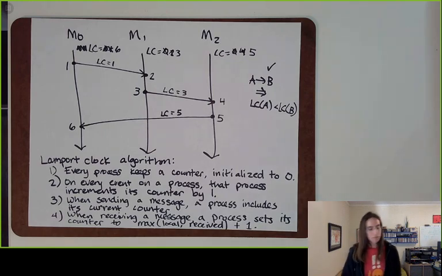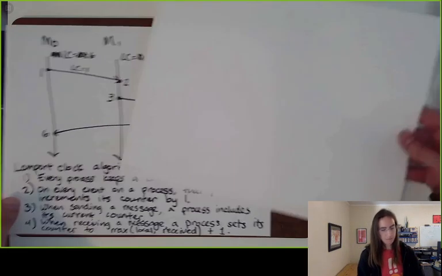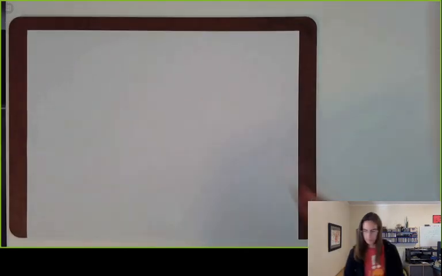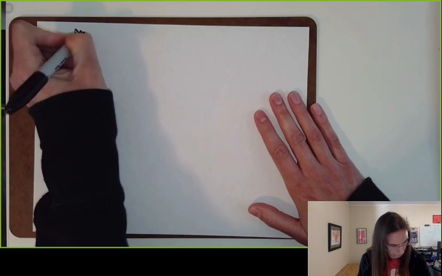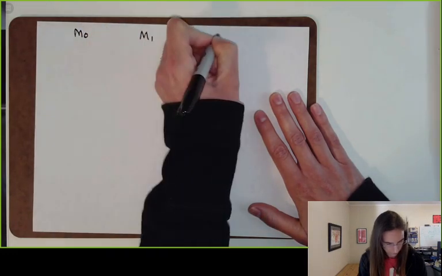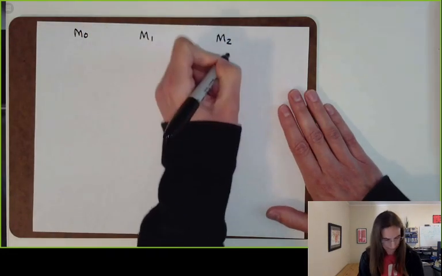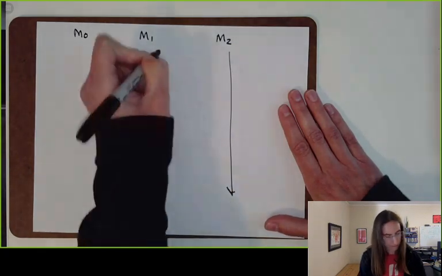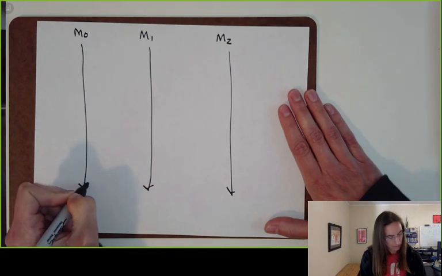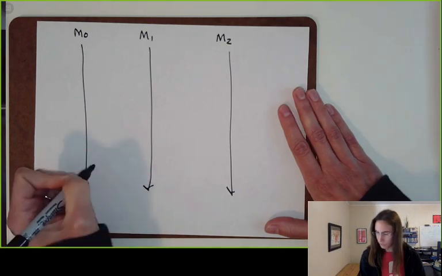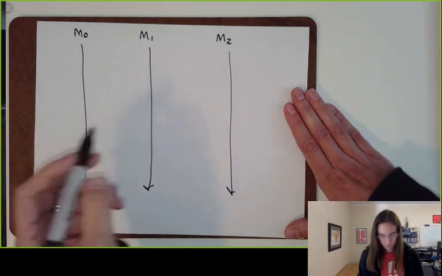So here's an example. Let's say again that we have 3 machines, and we'll do another Lamport diagram. Let's do it like this.